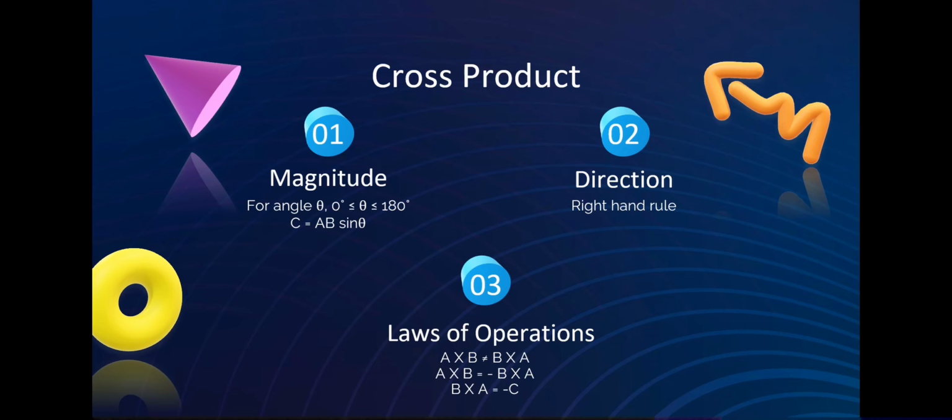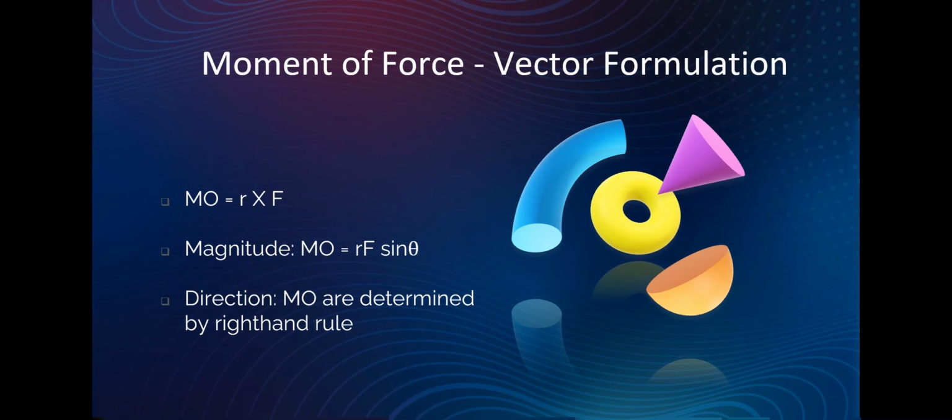Next, we have moment of force. This time is slightly different because just now was scalar formulation. This time is vector formulation. So in vector we have magnitude and also direction. That is the difference.